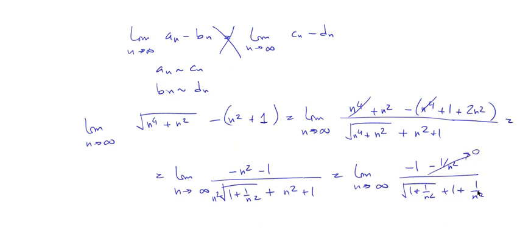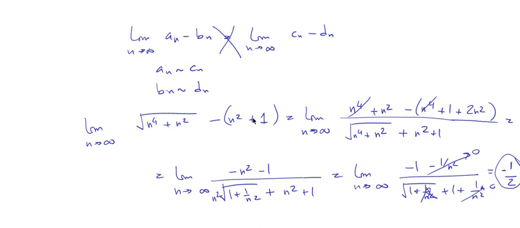So this thing is going to 0, this thing is going to 0, this thing is going to 0. So then you have minus 1 over square root of 1 plus 1, so this is minus 1 over 2. Okay? This is the limit, and not 0 or not minus 1 as we had seen.